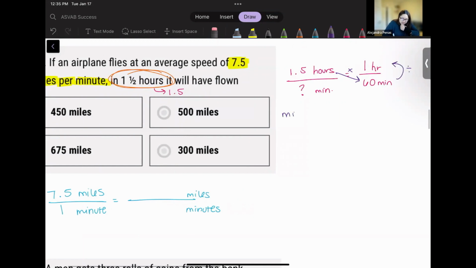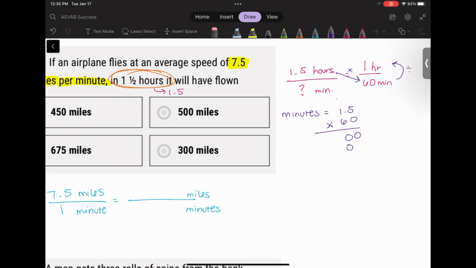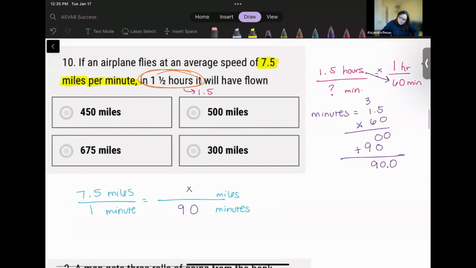The number of minutes will equal 1.5 times 60, everything divided by 1, but that's not going to change anything. So I'm going to multiply this times 60. That'll be 0, 30, carry the 3, 9. So this gives me 90. So this is equal to 90 minutes.